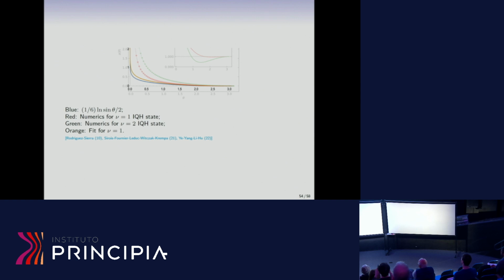So this blue curve is the result. Central charge is 1 for the integer quantum Hall effect, and this is the curve we have. And then this red point is the numerics from this paper, I think. And there's other numerics, but let's focus on blue and red. If the angle is large, they agree.